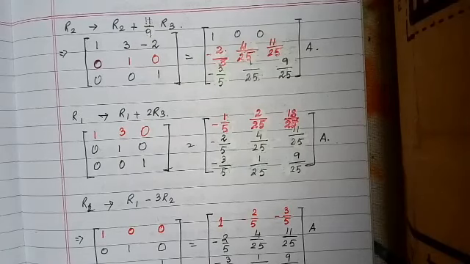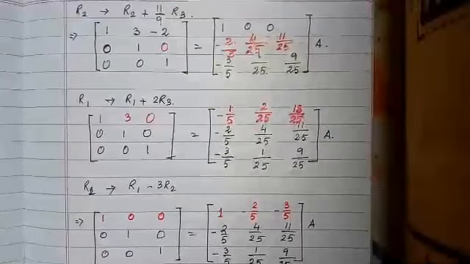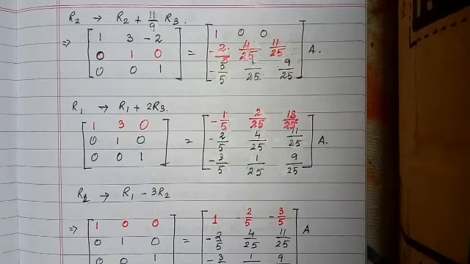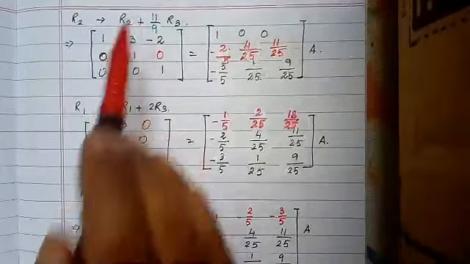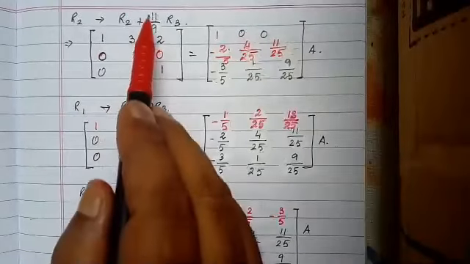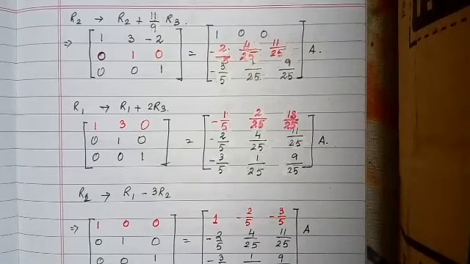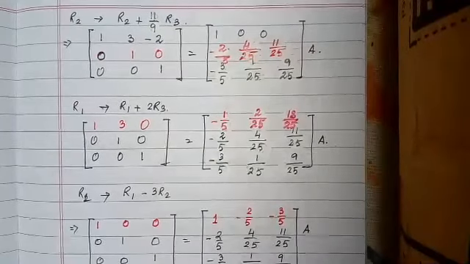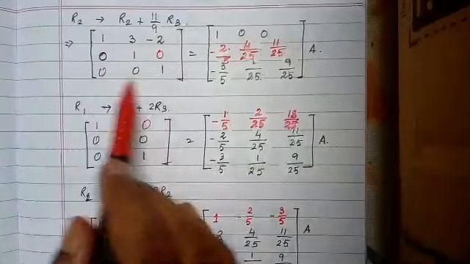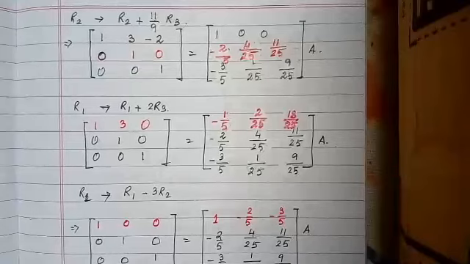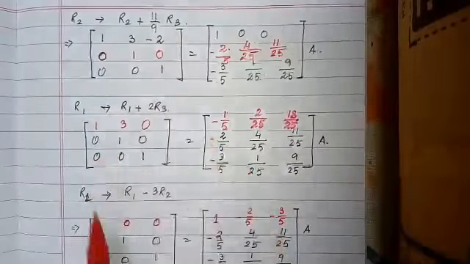If we multiply the elements of R3 by 11 by 9 and then add them to the elements of R2, it will be 0. So R2 is replaced by R2 plus 11 by 9 R3. We are operating R2, so R1 and R3 remain as they are.